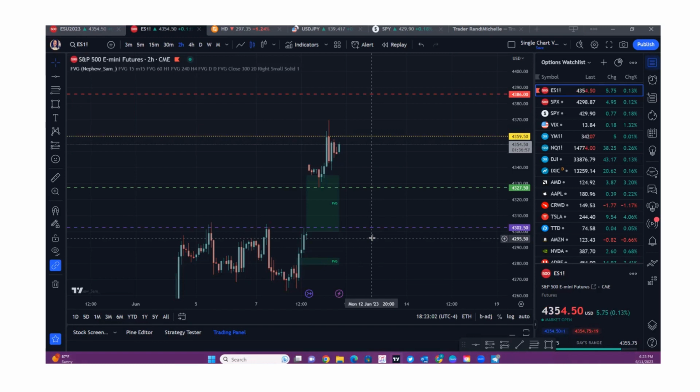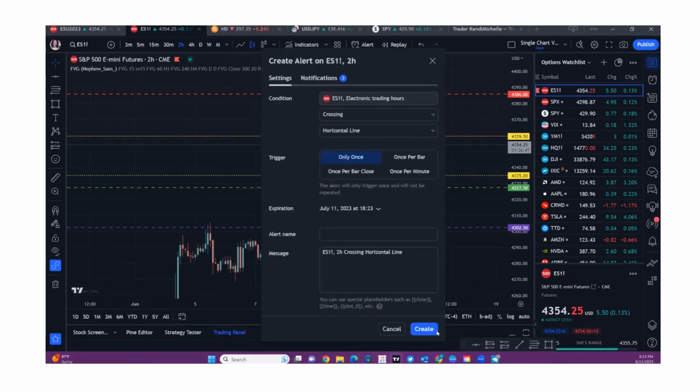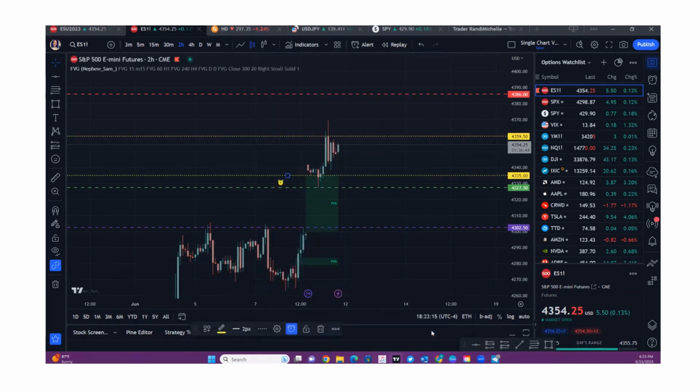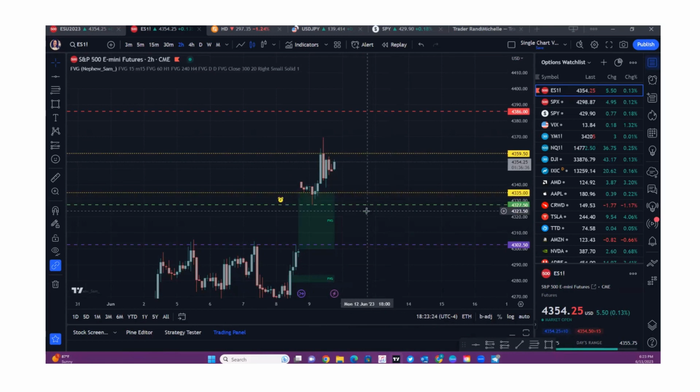That way, when the Judas swing happens in the New York session and might not take out London's lows, you're still in profit. Obviously the algorithm has many different models that it follows, so this isn't a guarantee, but it's a phenomenon that can happen.